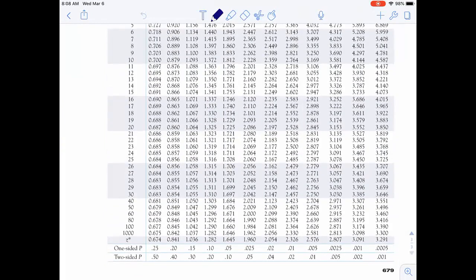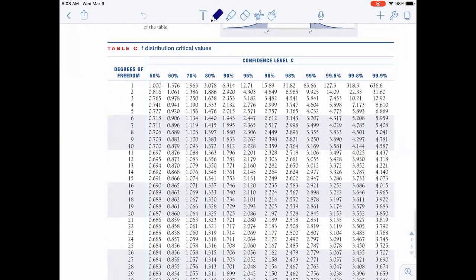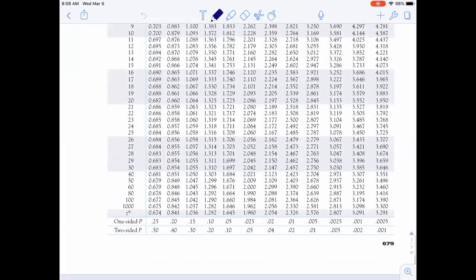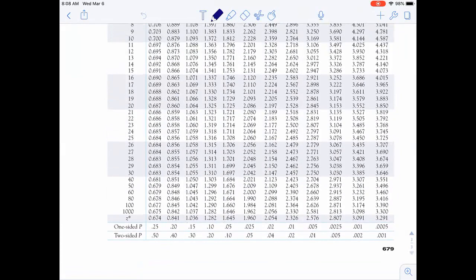Starting from the top, we've got our degrees of freedom column over here, and we try to find 57 degrees of freedom. But once we get down here, our options are either 50 or 60.